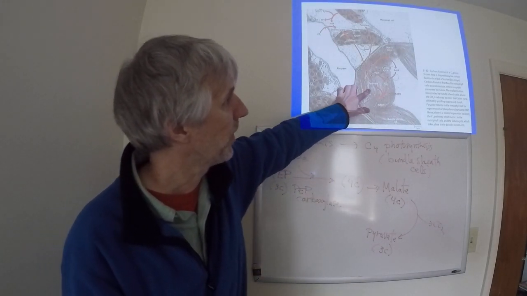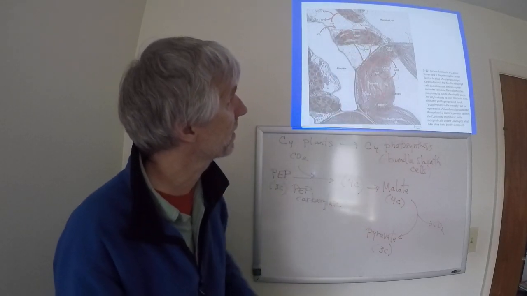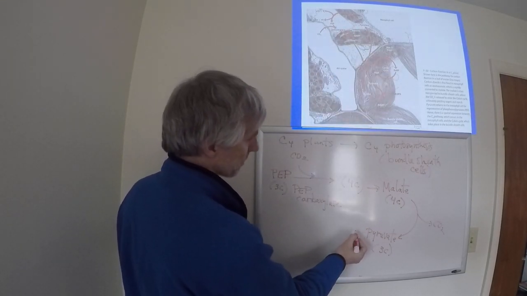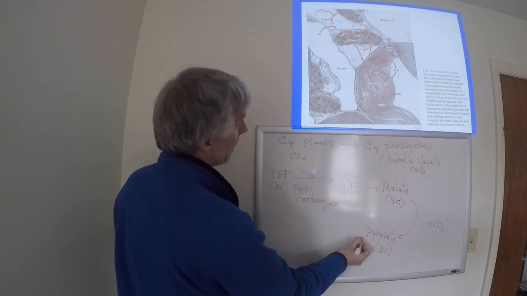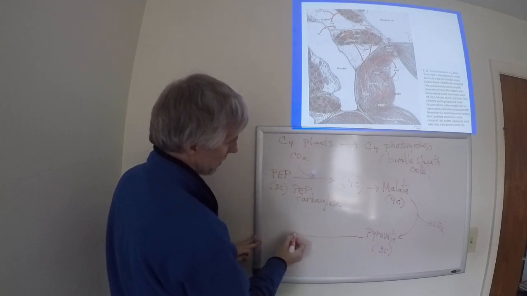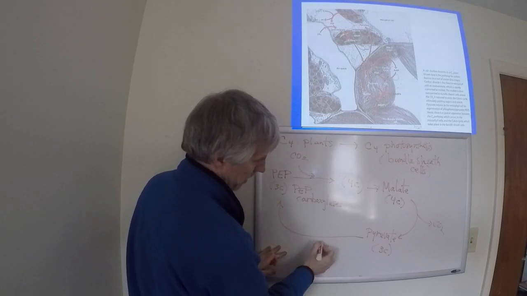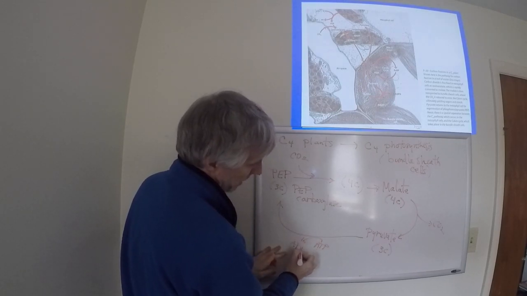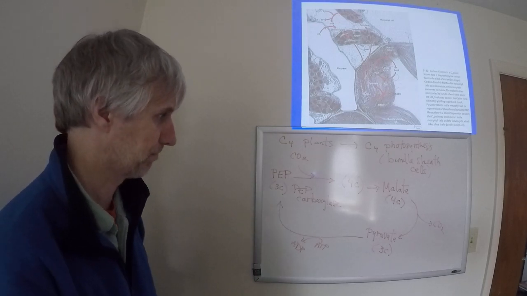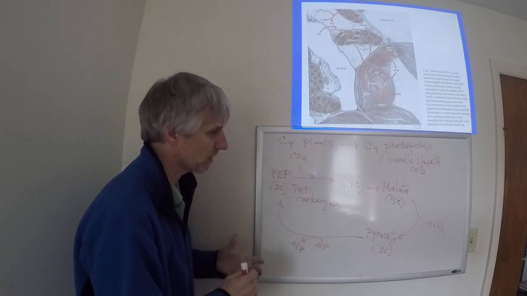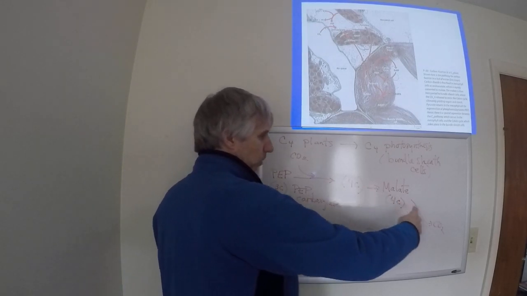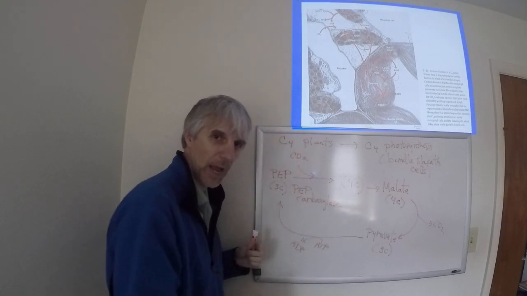Okay? The pyruvate is then shipped back to the mesophyll cell here, and the pyruvate is converted to PEP by using ATP to do it. Okay? So it's like we have this little racetrack going on.